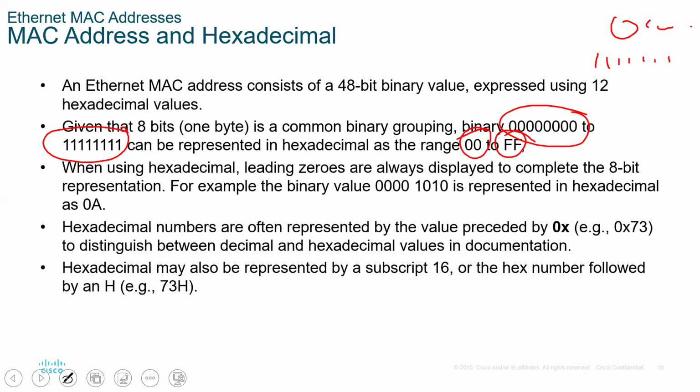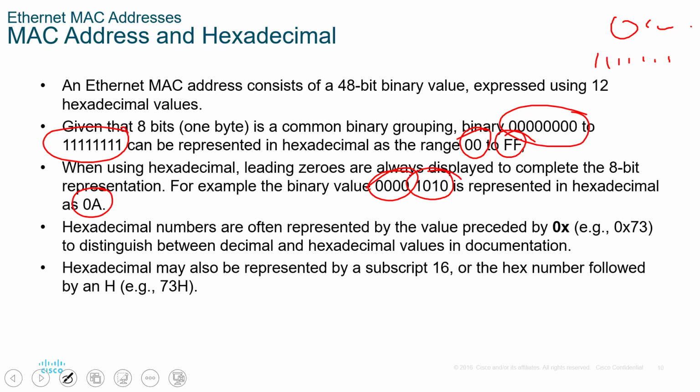So when using hexadecimal, leading zeros are always displayed to complete the 8-bit representation. For example, when you have a binary value like this, it is represented in hexadecimal as 0A. Okay, as 0A.